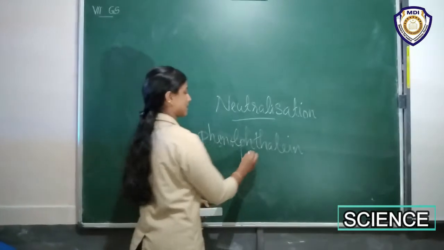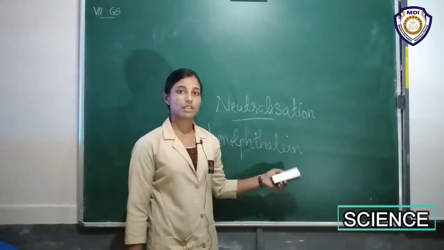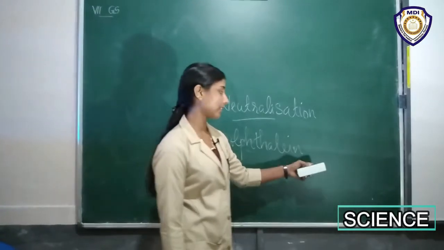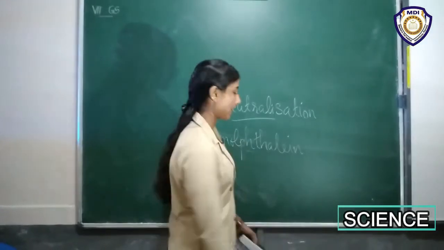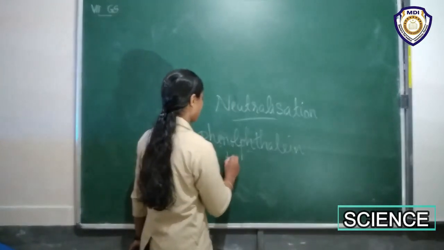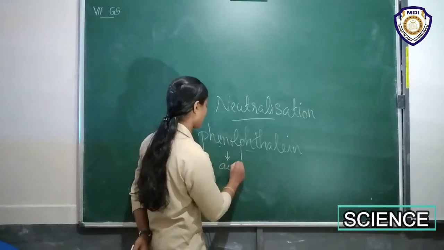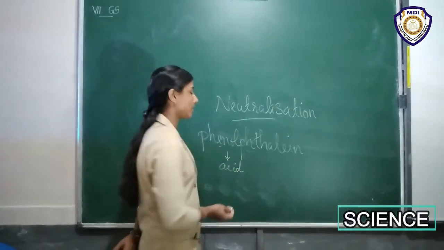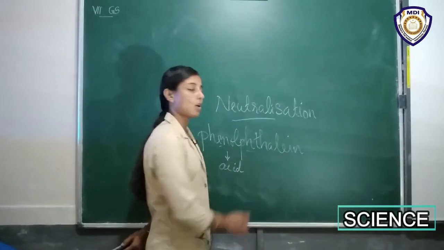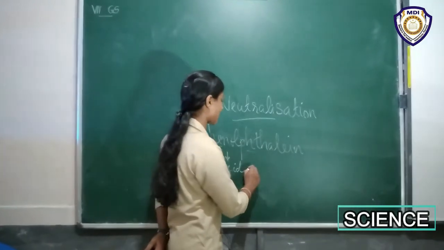Phenolphthalein is an indicator that we usually use in laboratories to indicate whether the solution is acidic or basic, right? When we use phenolphthalein indicator in acidic solution, what will be the color change?